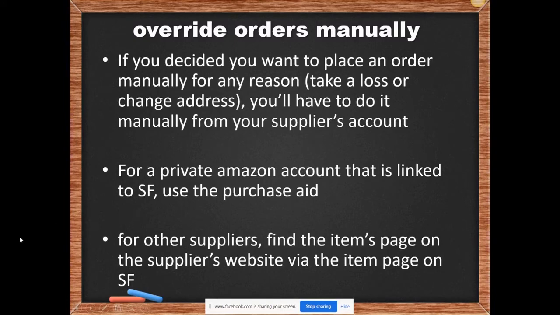Okay, now for a private Amazon account that is linked to SaleFreaks, use the purchase aid. If you don't know what the purchase aid is, it's basically the widgets that you have on the left side of the screen when you log into your Amazon account through the Safe Access, right? On your left, you've all seen this.